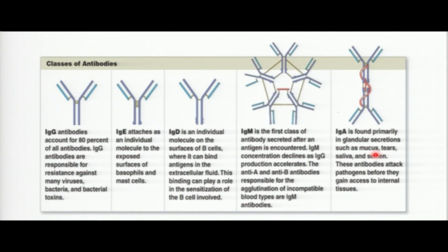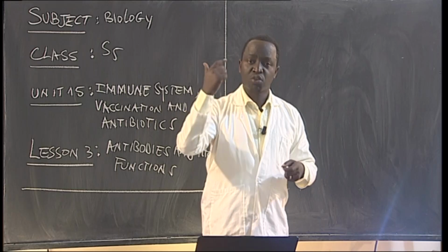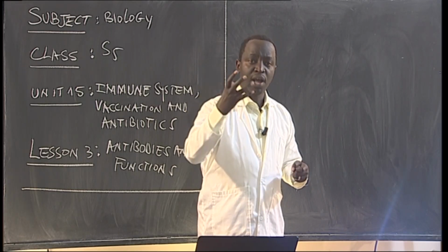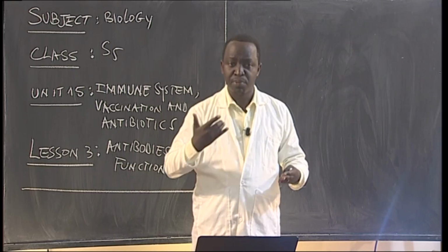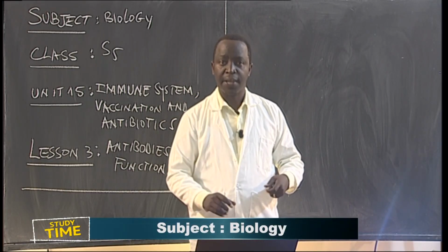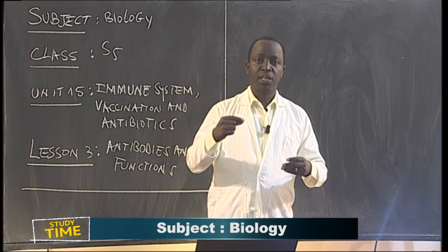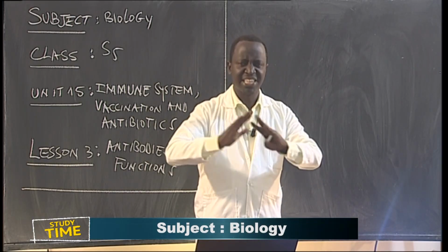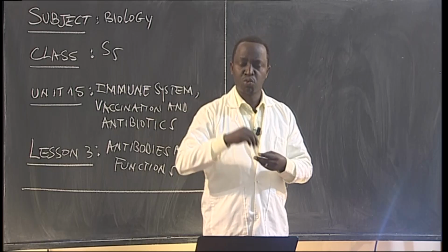This lysozyme acts as a kind of antibody that can kill germs. Even in our tears there are chemicals that act as antibodies, which means we can find IgA in mucus and different secretions, including tears.